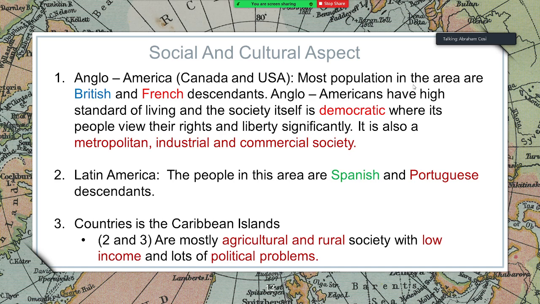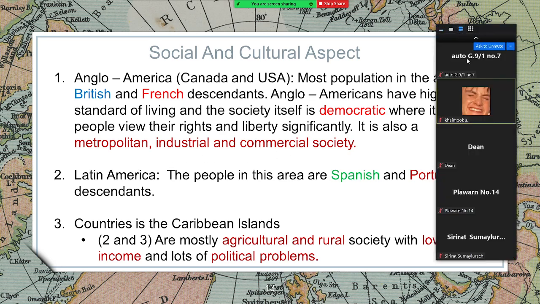They can do a lot of things, and they have a lot of freedom in their society. It is also a metropolitan, industrial and commercial society. When they say metropolitan, it means there is advanced technology in the area, or somewhere where there are a lot of buildings, just like Bangkok.